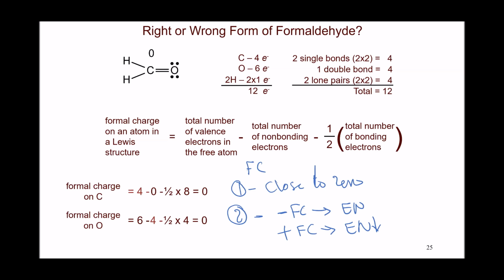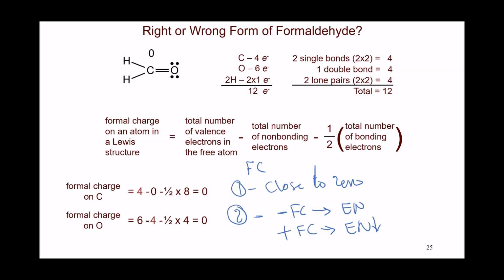If we go back to the previous Lewis structure for this compound, for formaldehyde, we had carbon with -1, oxygen with +1. This doesn't make any sense with the electronegativity of both atoms. Carbon is less electronegative, so it should have had a positive formal charge if it is forced to have a formal charge at all.